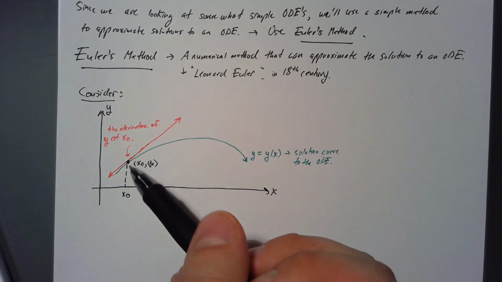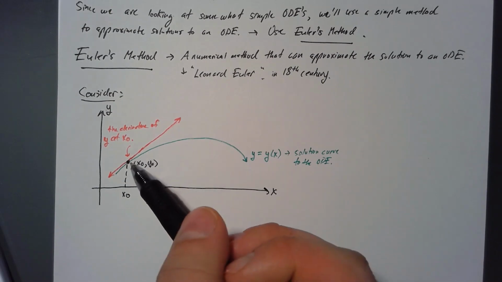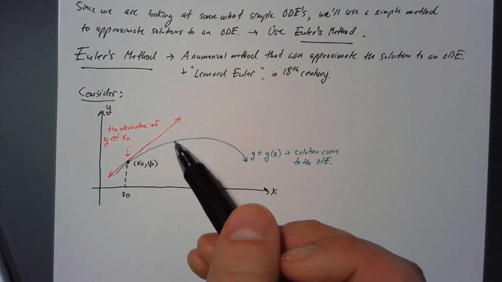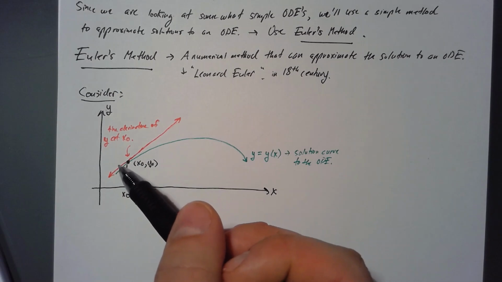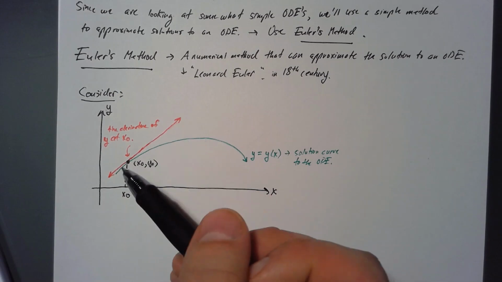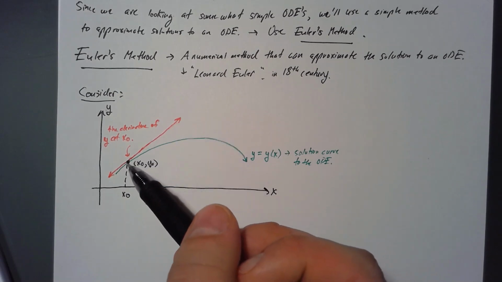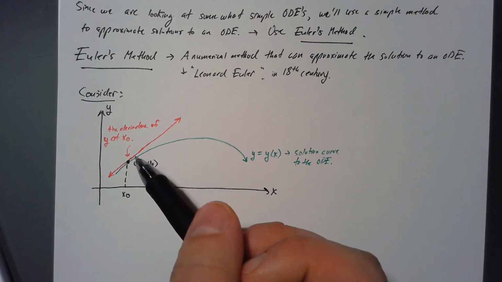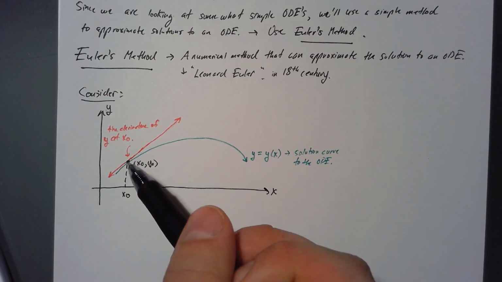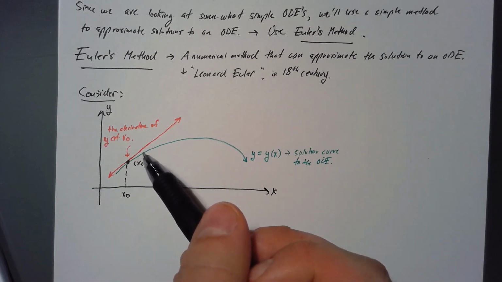So I may or may not be able to find the solution here, but I could take the derivative of my function. That I could do. And initially, that's a good approximation. The derivative is really close to the actual curve. I mean, they share this point in common. But what if I wanted to find it for any point on here?